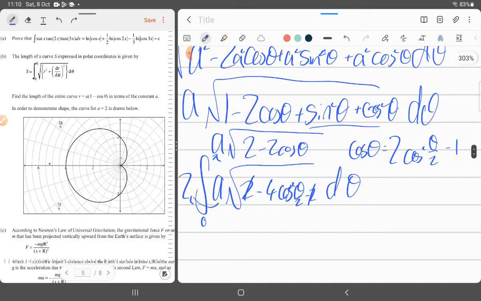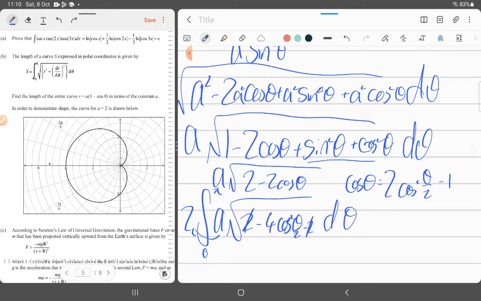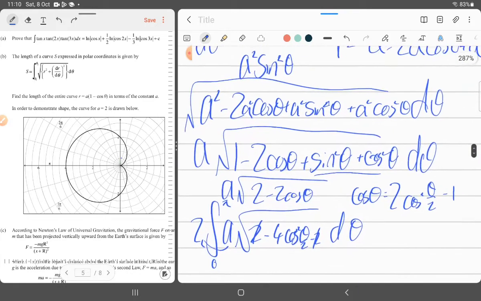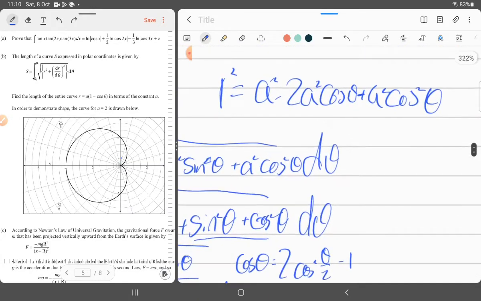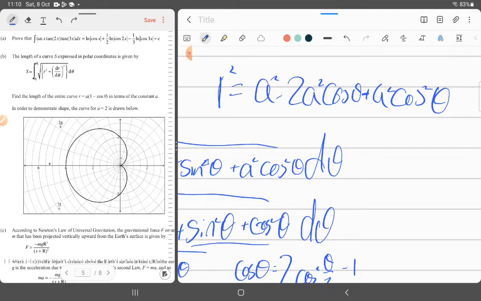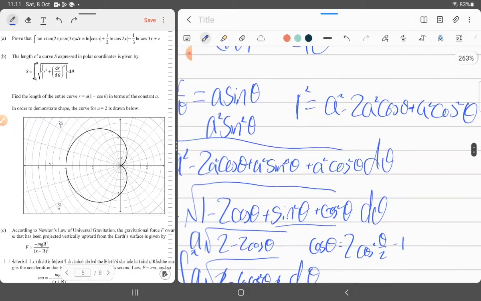Square root of 1 take away 2 cosine theta plus sine squared theta, to a squared. a squared take away 2a squared cosine theta plus r squared, then just dr over d theta.